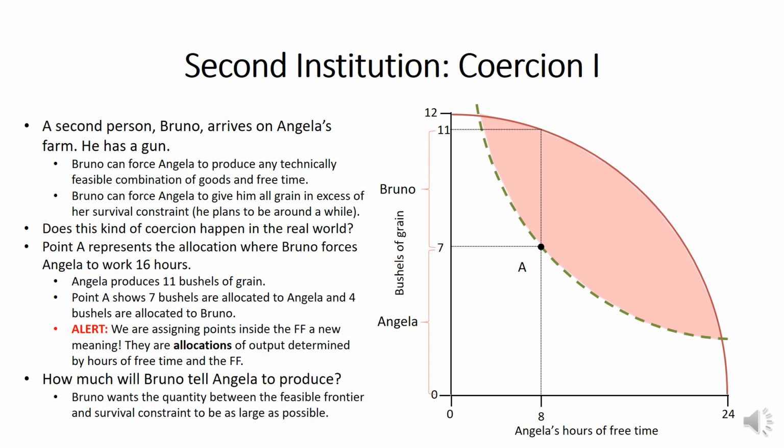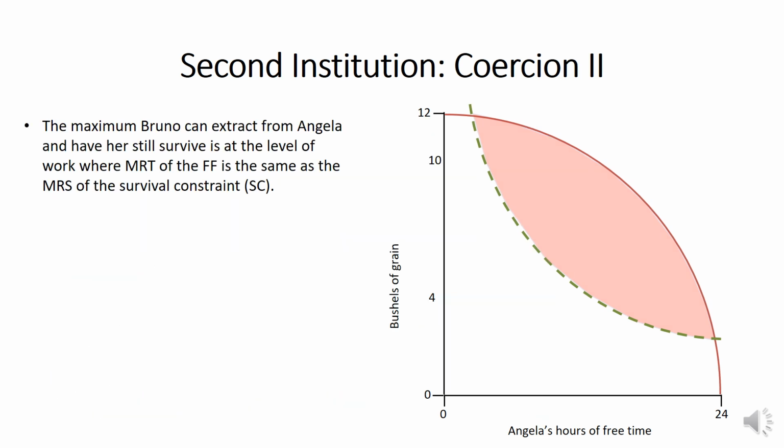And so a question is, if Bruno wants to extract the maximum amount of grain that he can from Angela, how much should he tell her to produce? He wants to make the distance between the feasible frontier and the survival constraint as large as possible by telling Angela how much she should work.